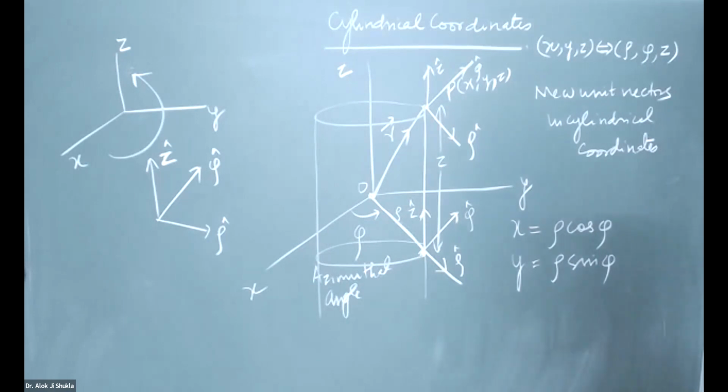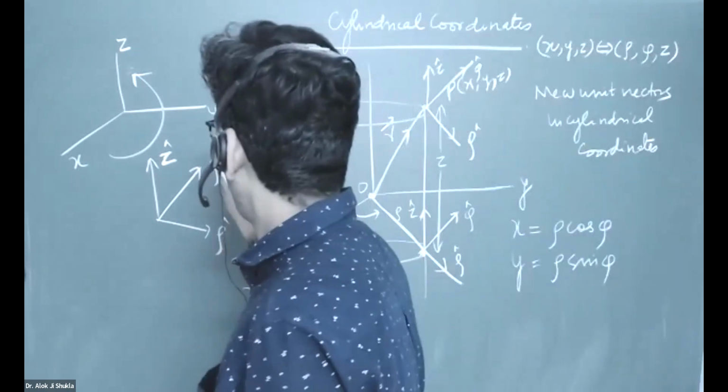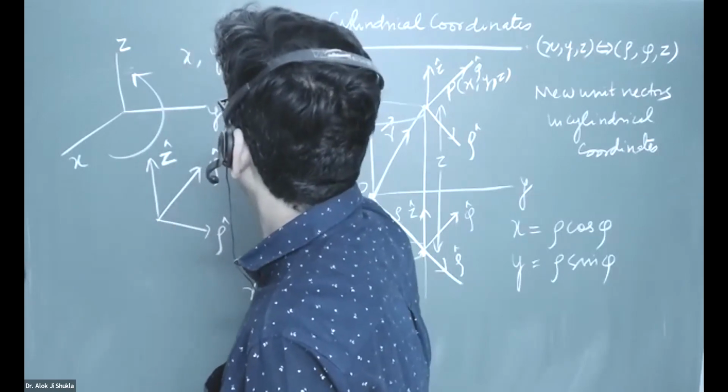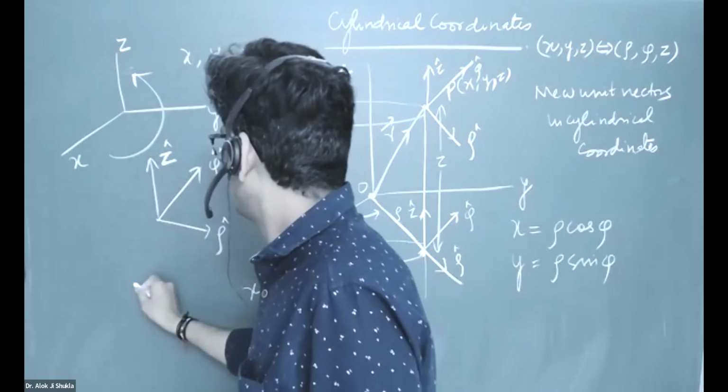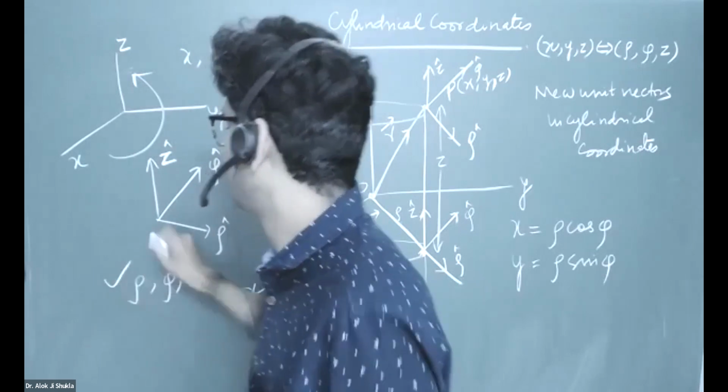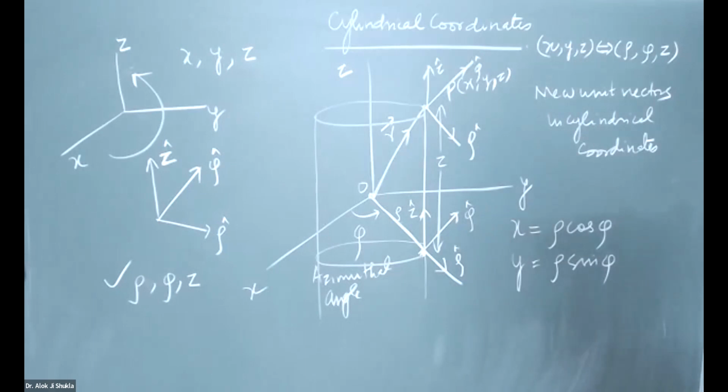So this is also a right-handed system, rho, phi and z. Like this was x, comma, y, comma, z. This is rho, comma, phi, comma, z. This is a new orthogonal system which will cover the Euclidean space. So these are basis vectors.